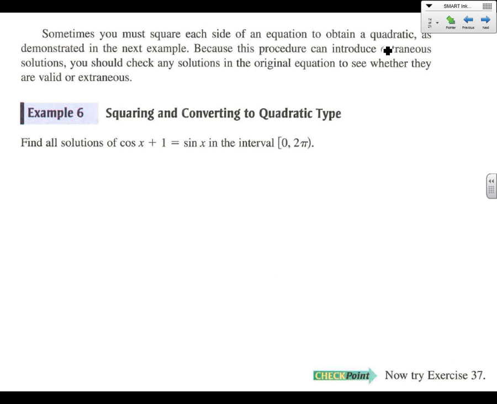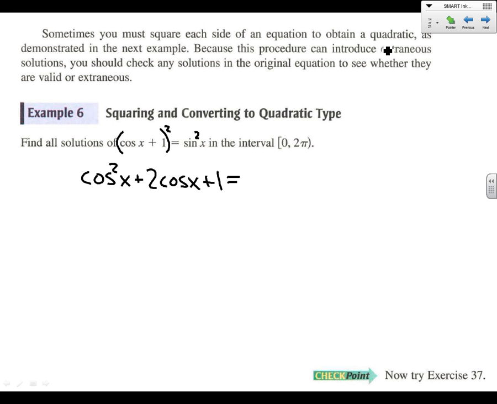Okay, let's square and convert to quadratic type. So we've got cosine x plus 1 equals sine x. That doesn't help us, and there's nothing we can do with the quadratic or with the Pythagoreans to change this. So what we're going to have to do here is square both sides. Cosine x plus 1 squared gives us cosine squared x plus 2 cosine x plus 1.